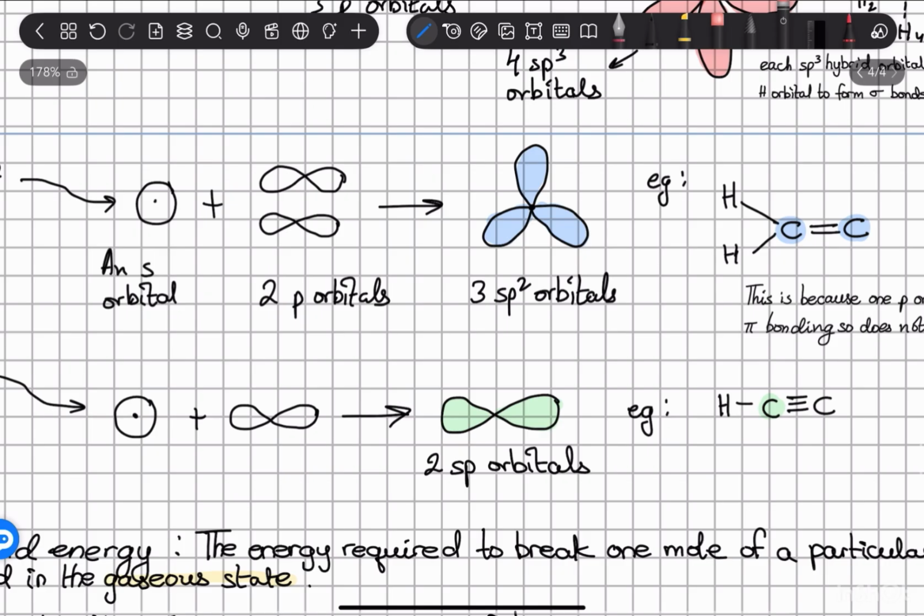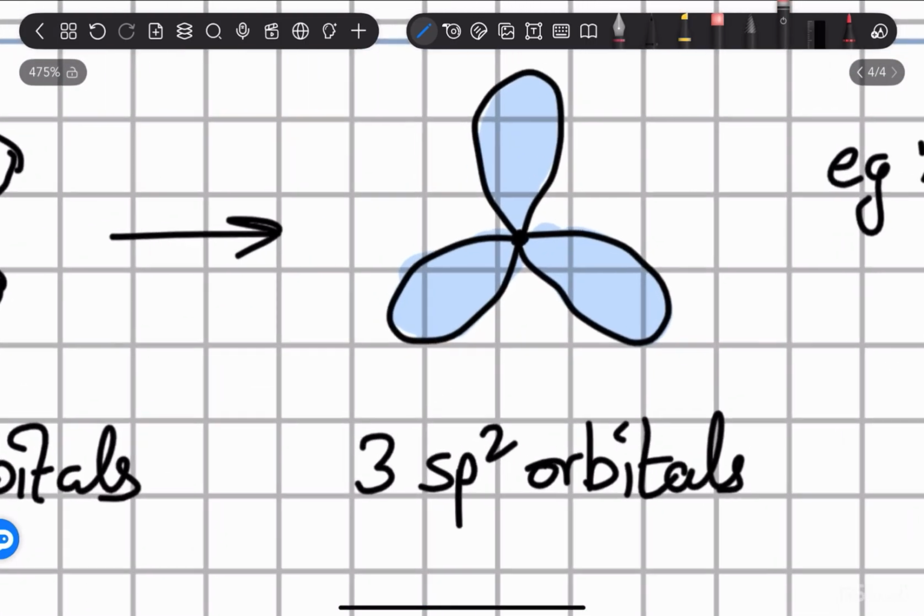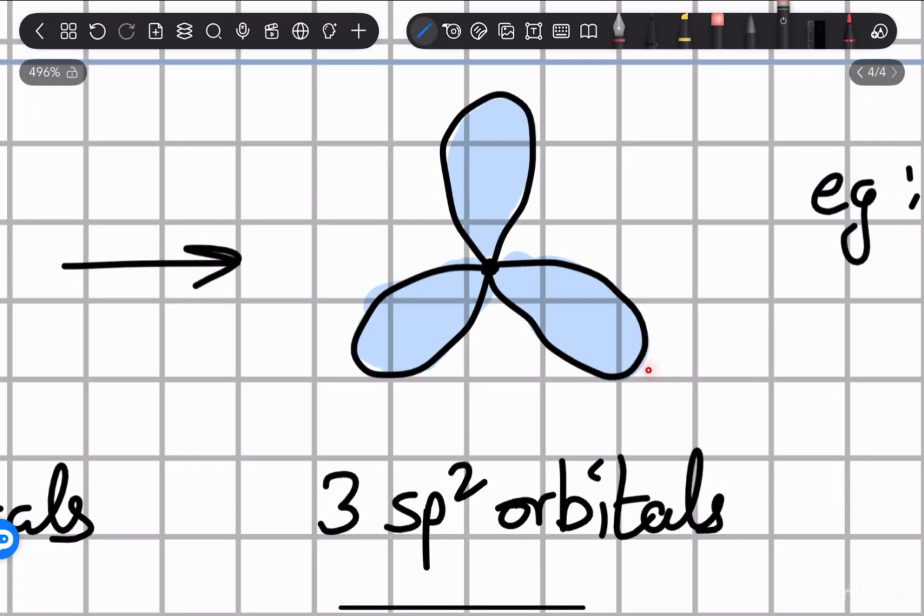So we have one s orbital as usual and two p orbitals this time. They could be any one of the px, py, pz, and these combine to give us three sp2 orbitals. This looks like a fan. So this is a very planar molecule. I'll say planar because planar means flat.